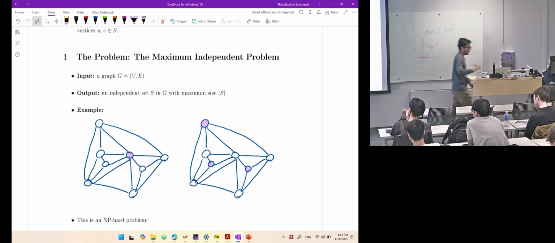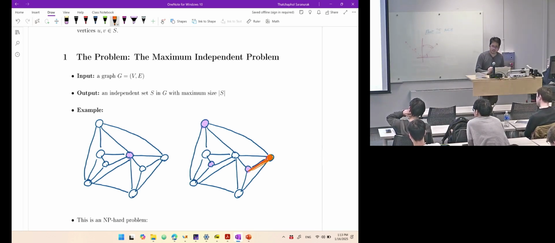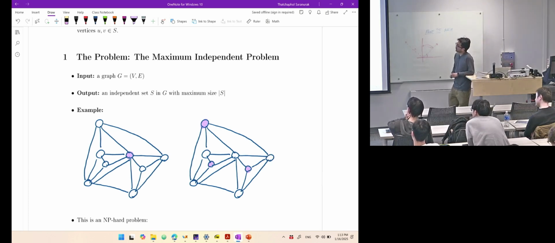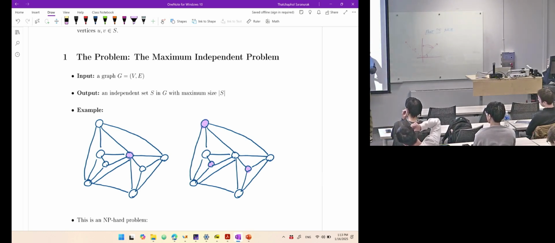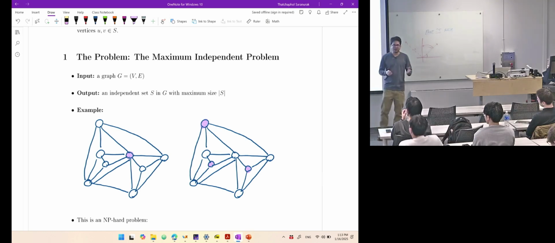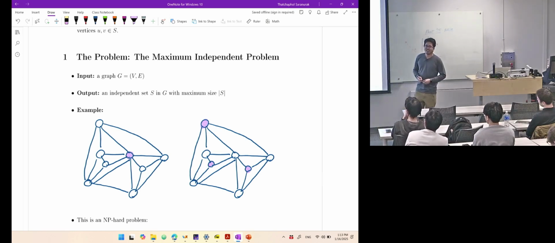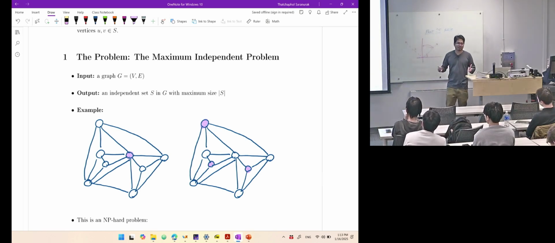If you add this guy, then it's not, because now there are edges. So the problem is that you have a graph and you want to find the independent set that is the maximum one, the biggest one. It turns out that this problem is NP hard. And what does that mean? It means that you cannot expect a polynomial time algorithm.